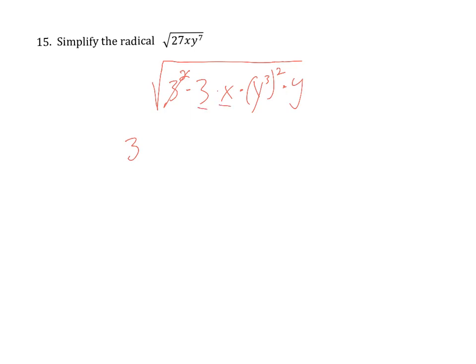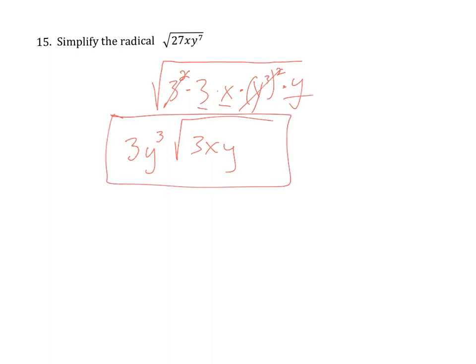The square root of y cubed squared is y cubed. So that whole term comes out. This stays in. So 3y cubed is on the outside, and 3xy stays under the radical, and we just simplified it.